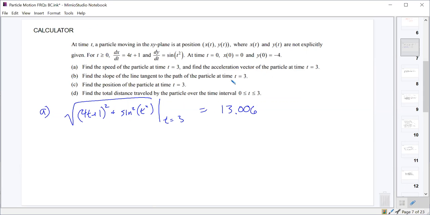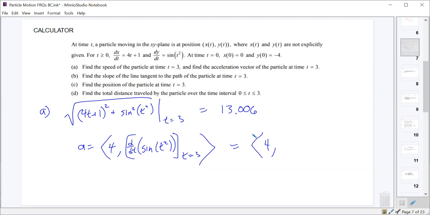And then to find the acceleration vector, we just needed to take our derivatives here. So our acceleration vector should be 4 for the derivative of 4t plus 1, comma, oh, right, we're evaluating at 3, so just the derivative with respect to t of sine of t squared at t equals 3, whatever that comes out to be, which was negative 5.466.